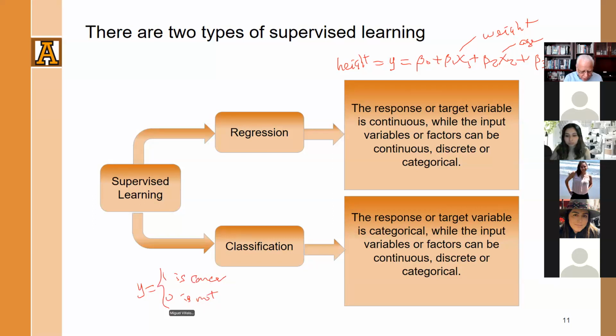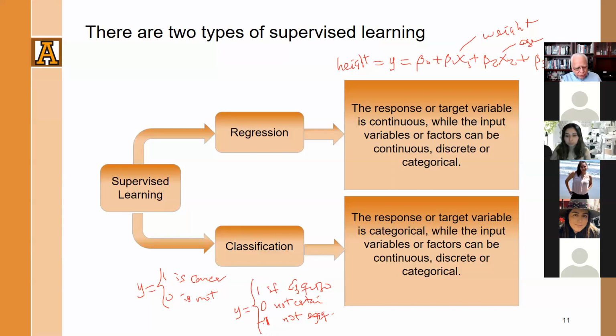Or my response could be 1 if schizophrenic, 0 if there's doubt, not certain, and -1 if not schizophrenic. So I have many categories here.